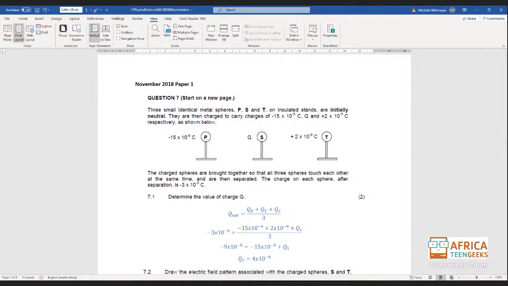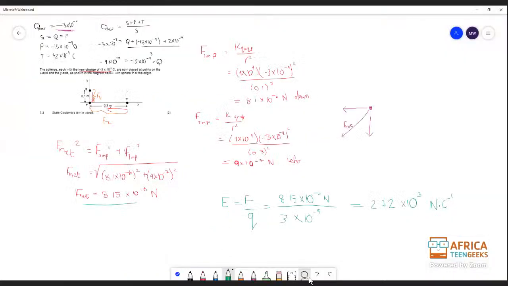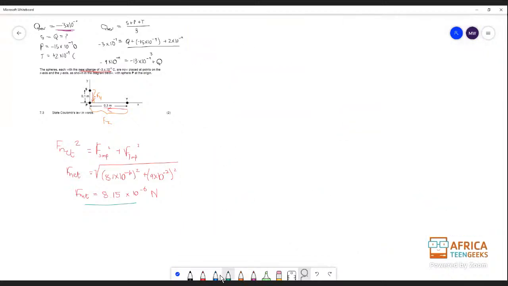So if we were to show that, okay, it went from a positive 2 times 10 to the -9 coulombs to -3 times 10 to the -9 coulombs.